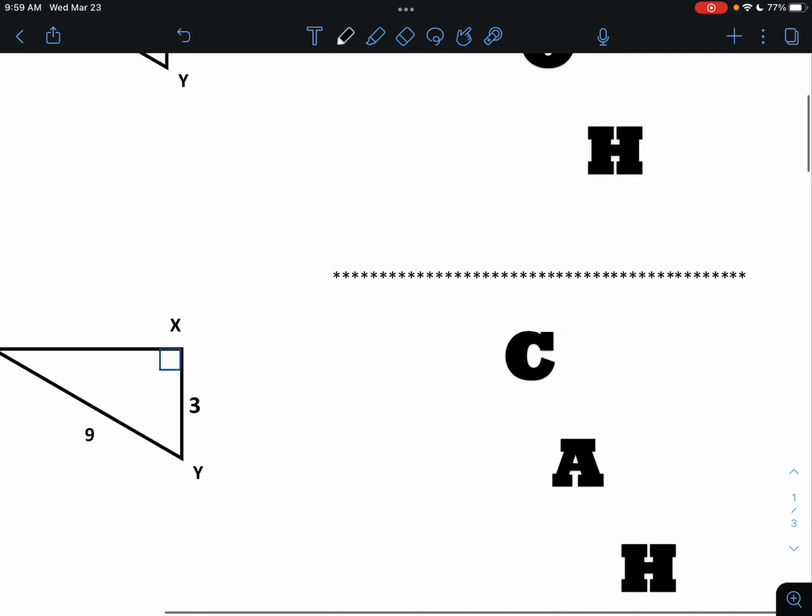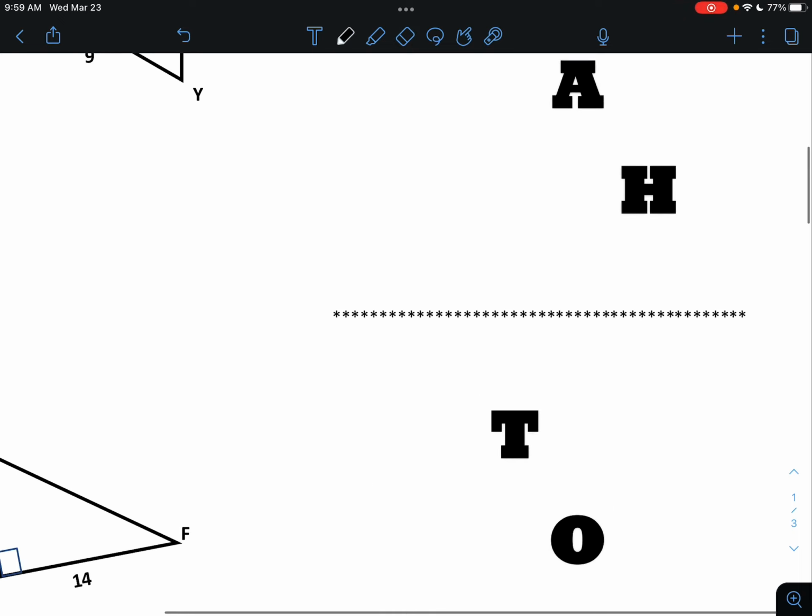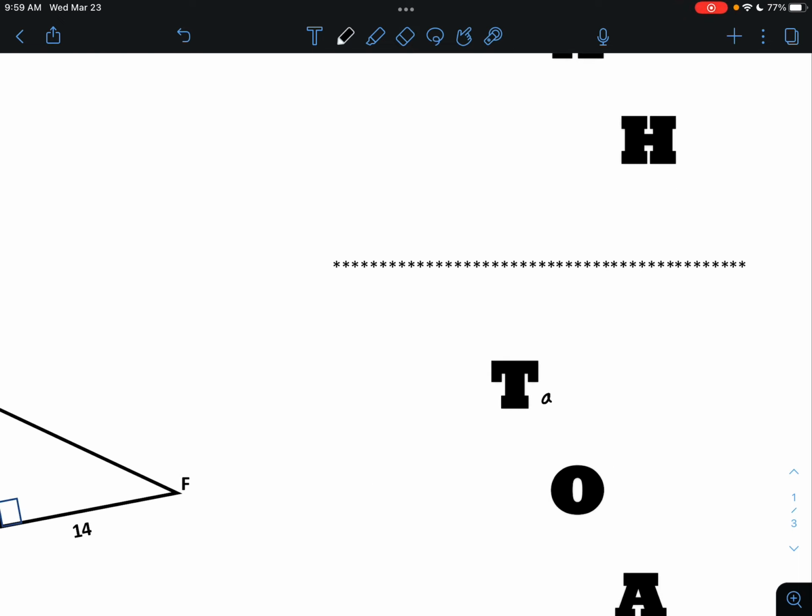Our second function is called a cosine, and it is abbreviated C-O-S. And our last function is called a tangent, and that's abbreviated tan, T-A-N.